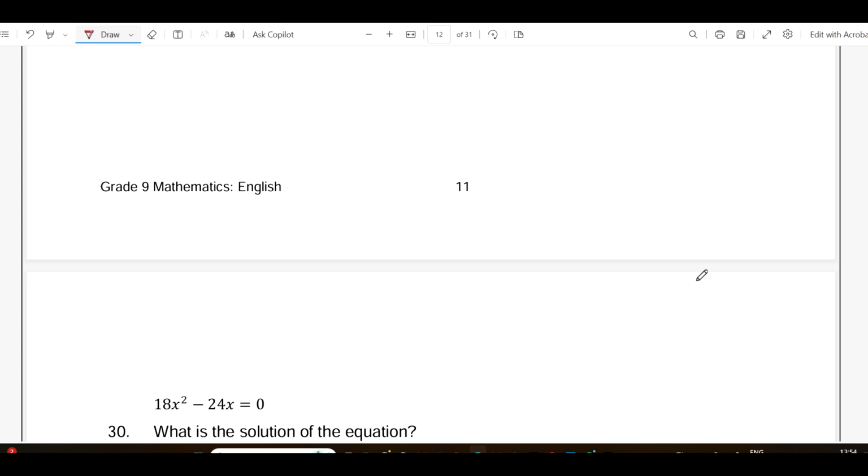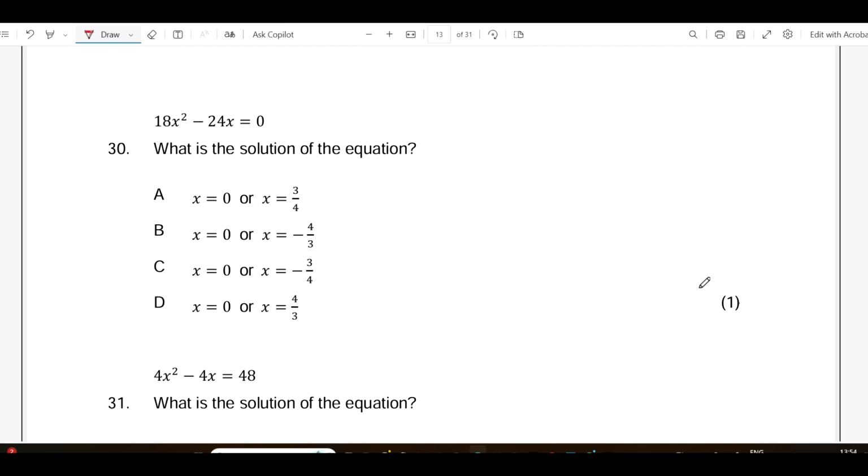So let me proceed. What is the solution for the equation? 18x squared minus 24x equals 0. One thing I'm going to do, I'm going to look for the common factor.